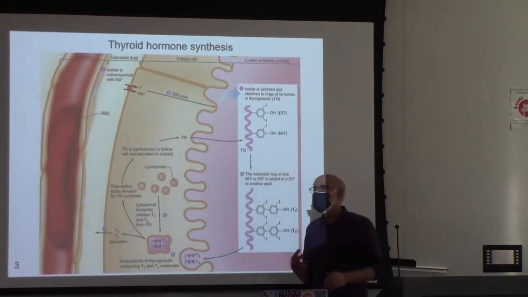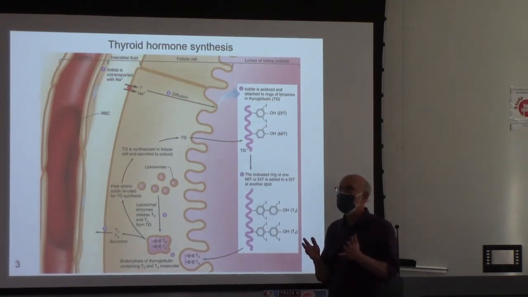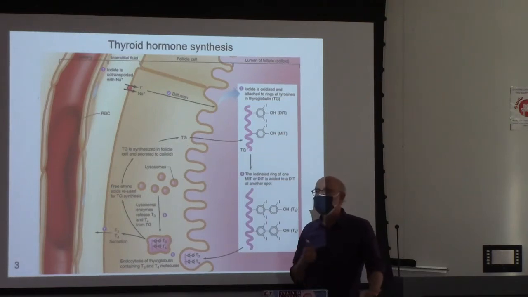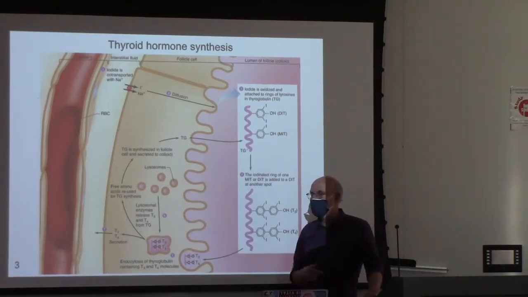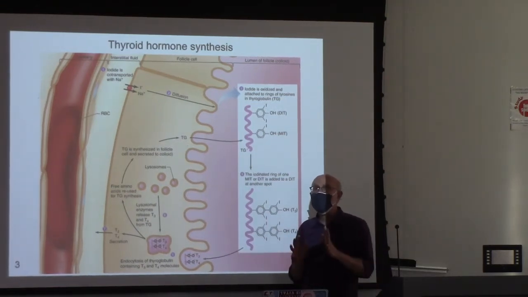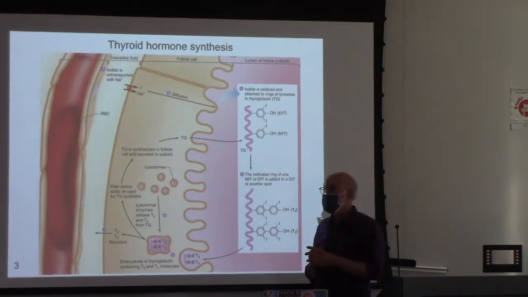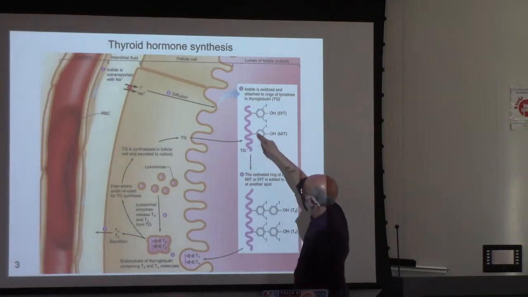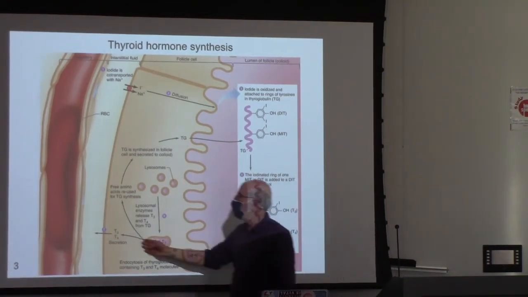So this is a release story. This is maybe one of the few release stories that doesn't depend on calcium channels, calcium influx, doesn't depend on vesicular release. It depends on cutting and diffusion.